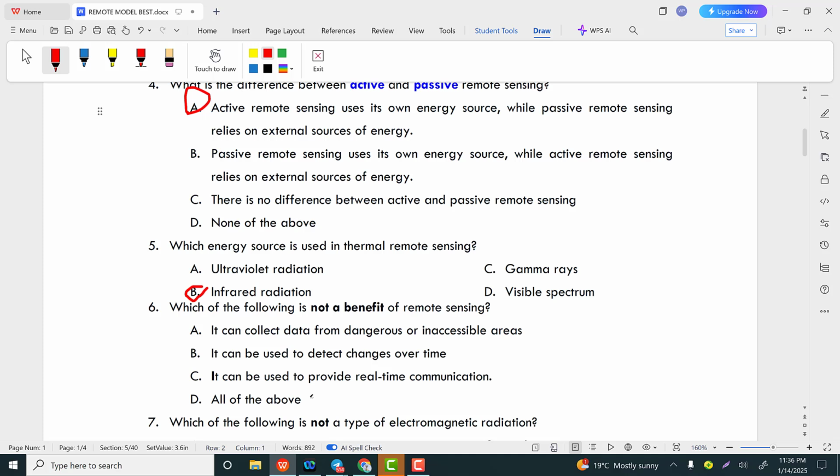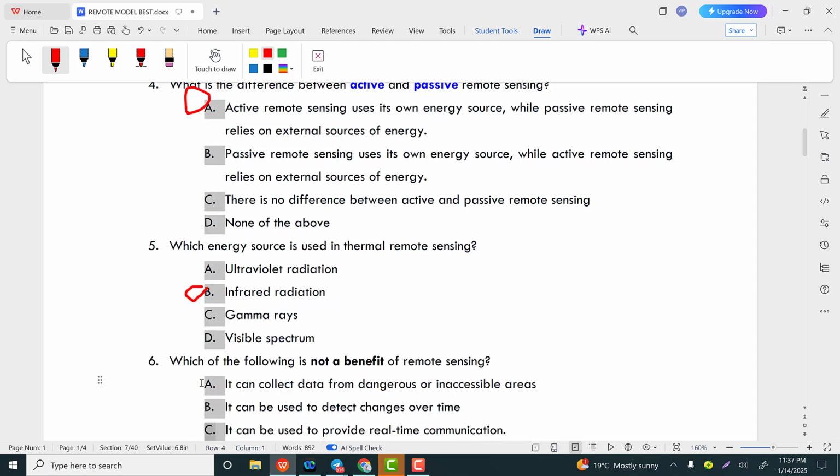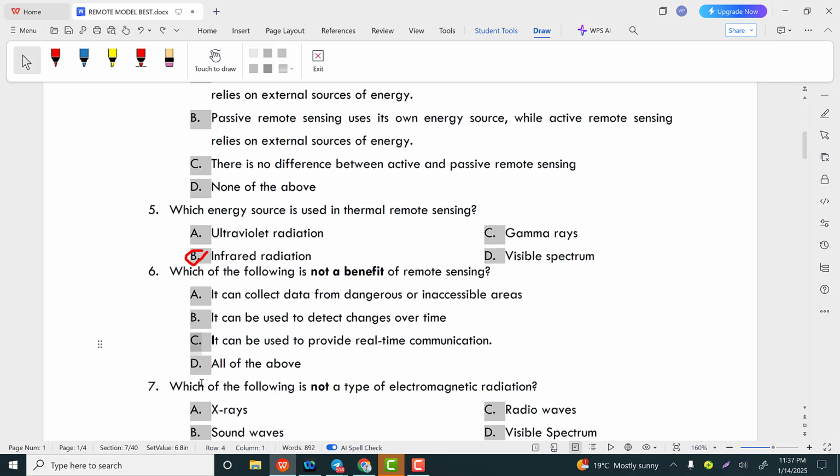Yes, this is also the benefit or the significance of remote sensing. C. It can be used to provide real-time communication. This is not the benefit of remote sensing. Real-time communication is related to telecommunication instead of remote sensing. So from the available options, the non-benefit is real-time communication. So the answer is simply C.